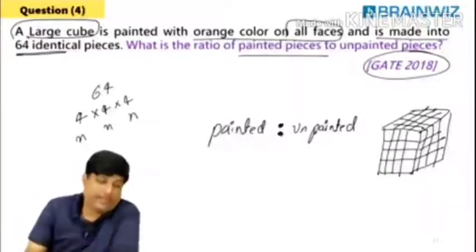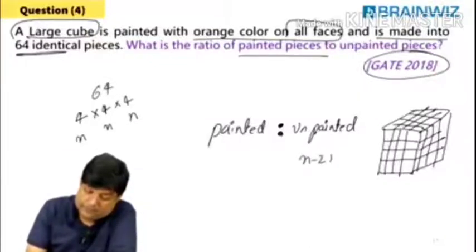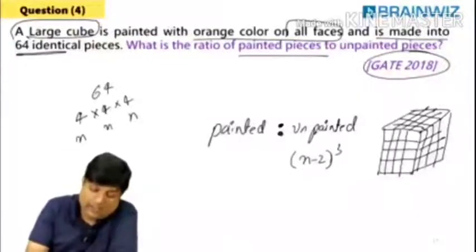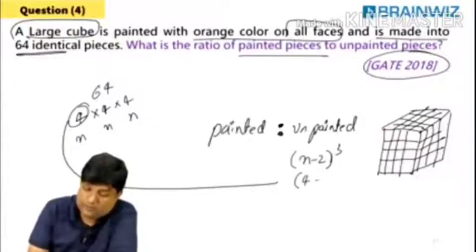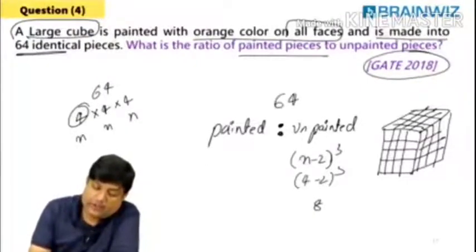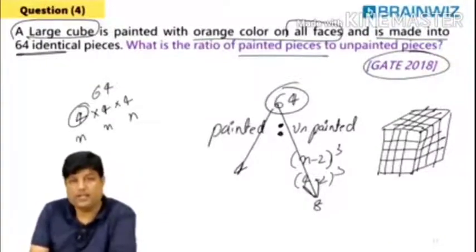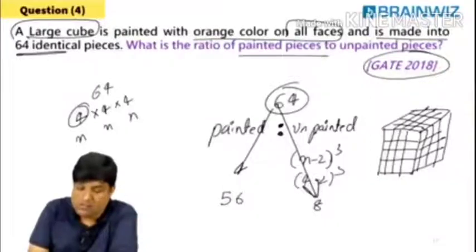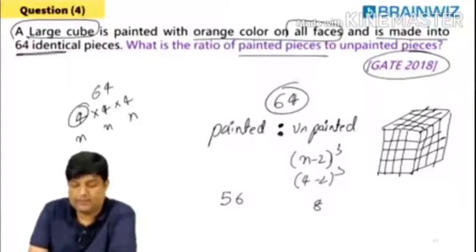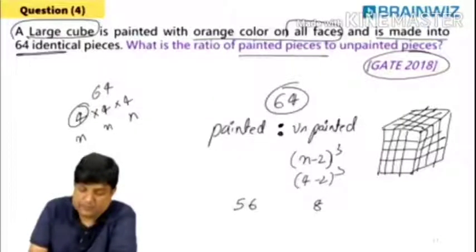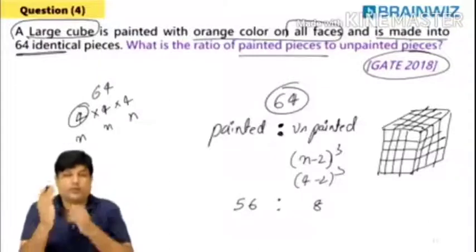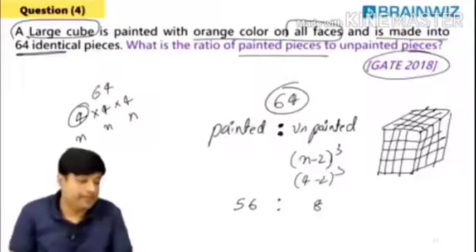Now the unpainted formula: n value 4 means 8. Out of 64 pieces, when 8 are unpainted, the remaining are painted only. How 56? Subtract: 64 minus 8, the remaining 56 are painted.